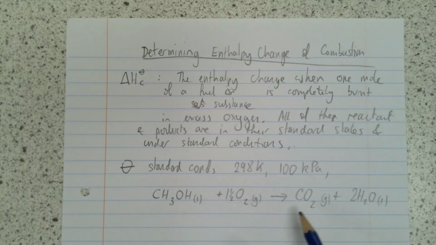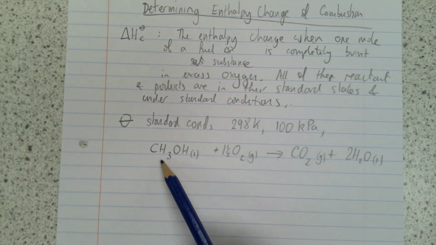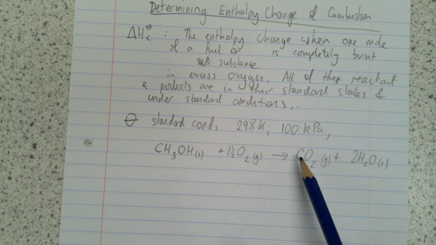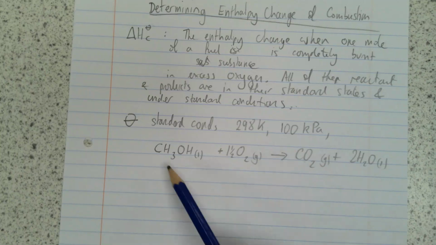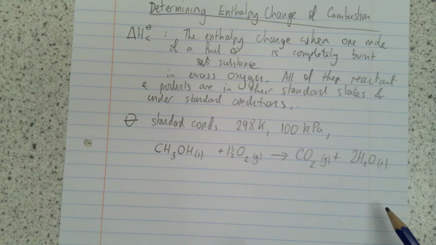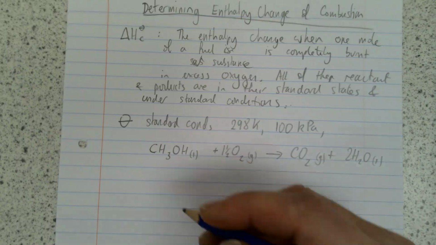And so whatever the elements in the reactant are, they will be fully oxidized. So carbon, when it's fully oxidized, will become carbon dioxide, and the hydrogen, when it gets oxidized, is turning into water. Right, so that will do for that for now. We'll spend a fair bit of time thinking about enthalpy change of combustion in due course.